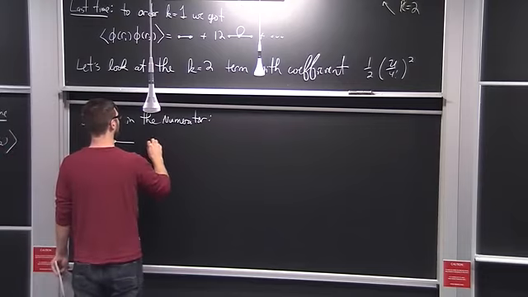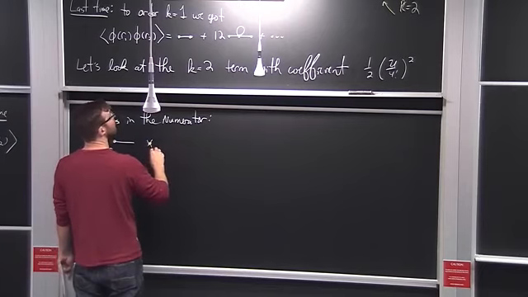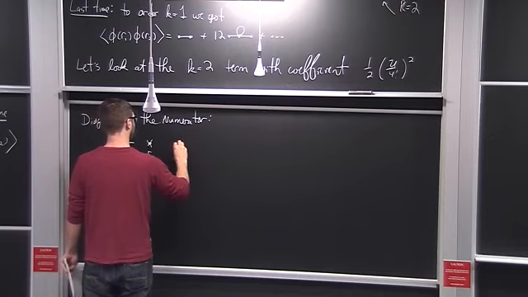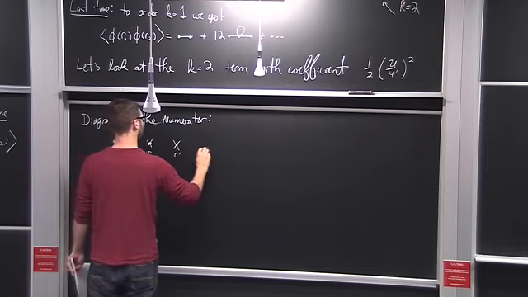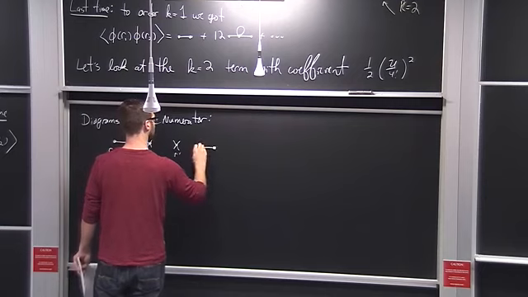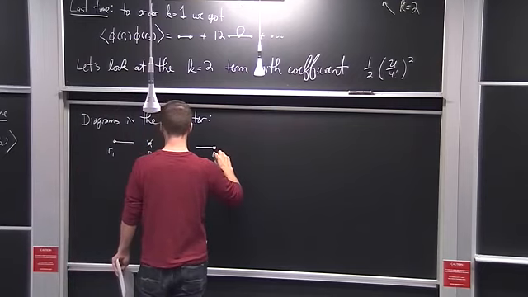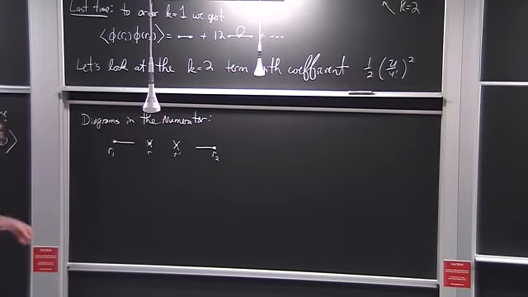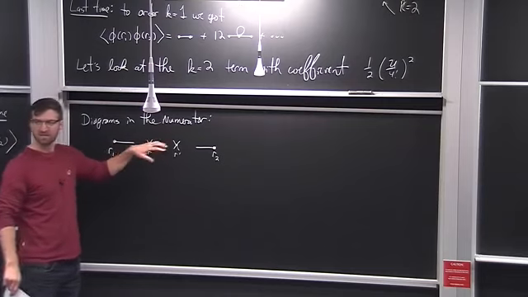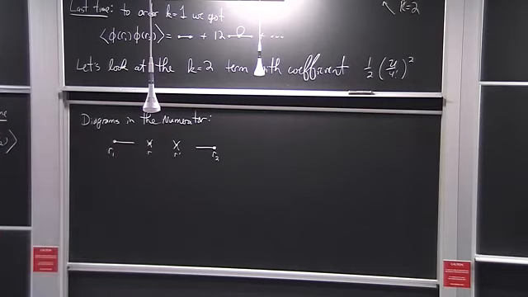So R1, you have the phi-4 term at R, you have the phi-4 term at R prime, and then you have the other field that you're calculating the correlation function for at R2. To perform perturbation theory, you have to find all possible ways of connecting all these vertices. Remember, this is basically just calculating all the pairings that occur in this sum. So it's just a graphical notation for doing Wick's theorem, right?